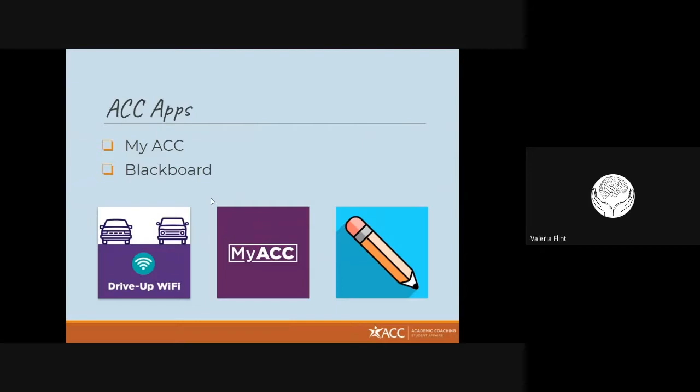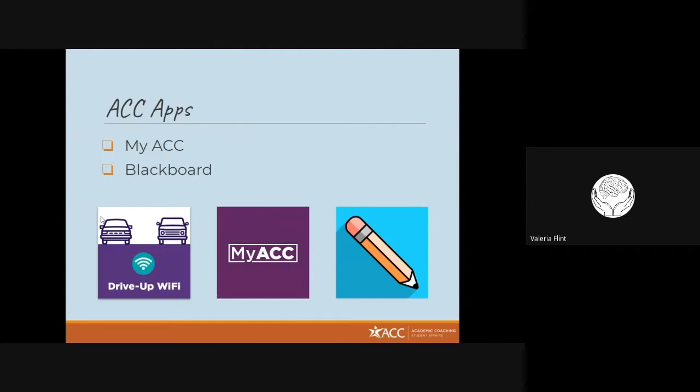So what we encourage students to do is to drive to their nearest ACC campus, and there you can have free, secure, totally reliable Wi-Fi connection. Make sure you bring your power cord or are able to charge it in your car if you haven't done so already at home. That service is available from 7 a.m. to 11 p.m. So we think that's something that you should definitely know.